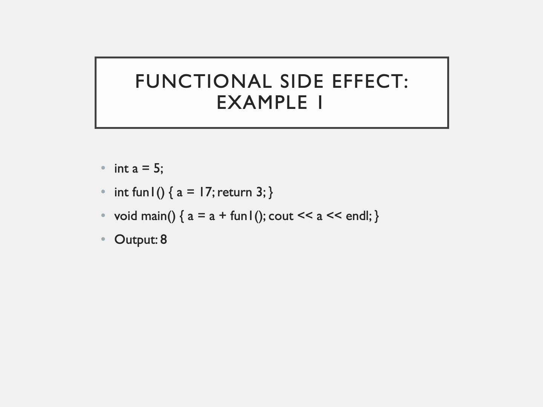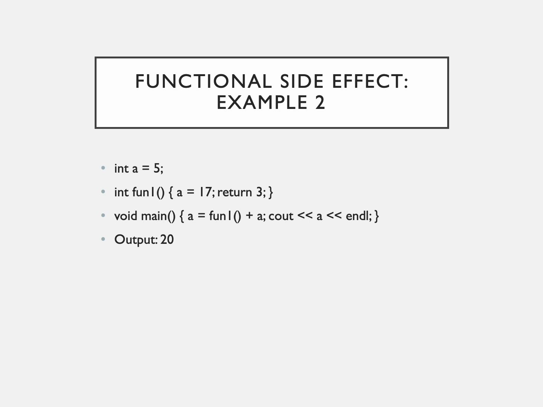So this example clearly demonstrates how side effects combined with unspecified evaluation order can lead to unpredictable behavior. Okay, now here's example 2. This time we slightly rearranged the operands, but the outcome is different.